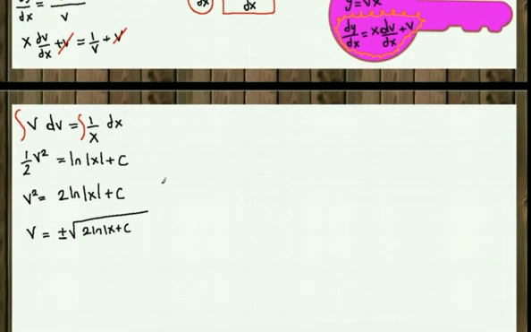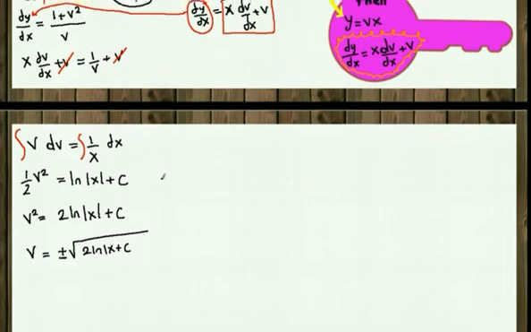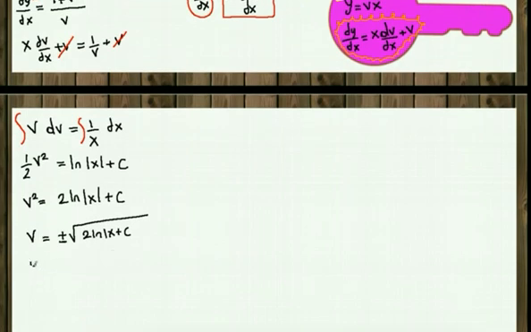So v was y over x, equals plus or minus square root of 2 ln of x plus c, and times x, because we need to multiply both sides by x. So y equals x times plus or minus square root of 2 ln of x plus c.